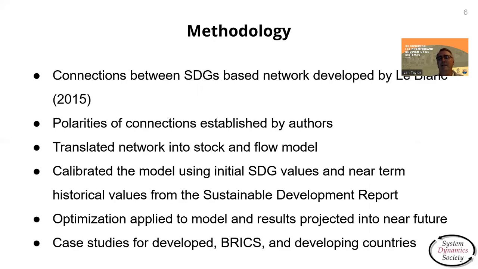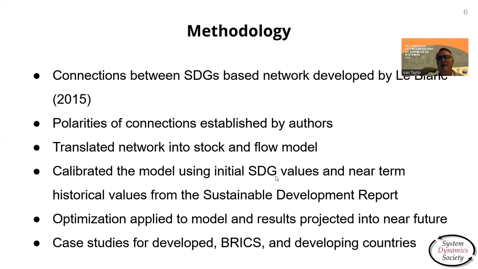The methodology involved what we found, a network diagram developed by LeBlanc in 2015 that connected the sustainable development goals through their lower level targets. However, this network diagram needed to be augmented with polarities for it to be used in system dynamics.